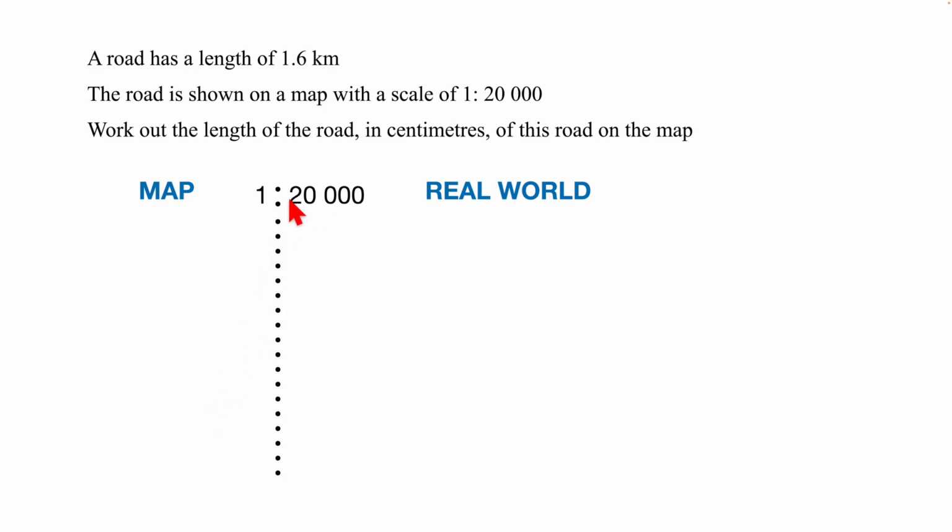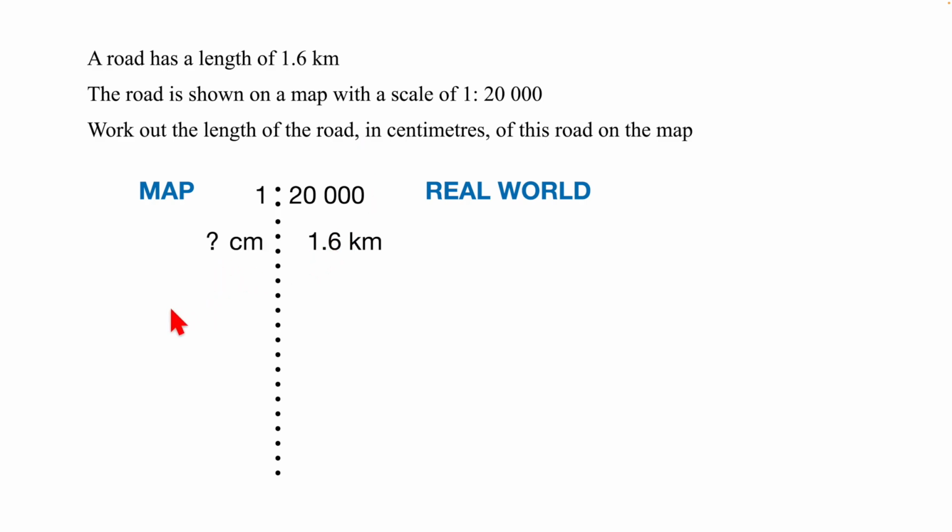This is not unreasonable. Sometimes maps are 1 to 50,000. Everything on the map is a 20,000th of the real world. Everything in the real world is 20,000 times bigger than on the map. We are told that the road in the real world is 1.6 kilometres. And we want to know the length of the road in centimetres.